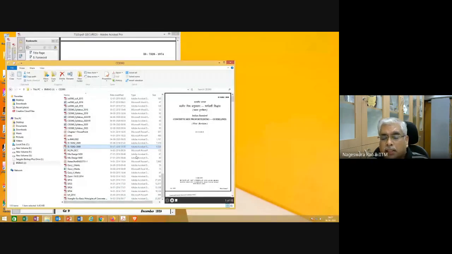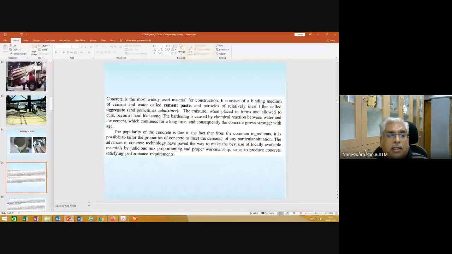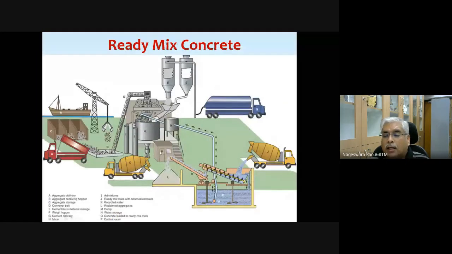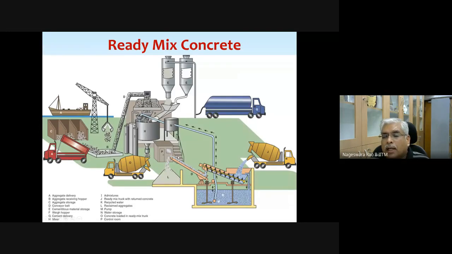So this is how the mix design is carried out, and then that is programmed into this ready mix computer system and used as an input. Based on that, it controls the weight of the coarse aggregate, fine aggregate, cement, and water content. Finally, you will get the concrete of the desired mix, whatever targeted strength, M40 or M25.